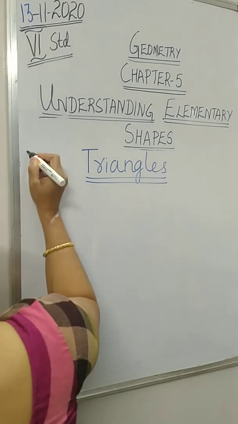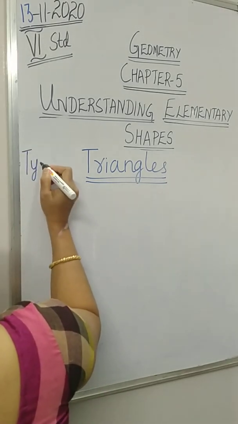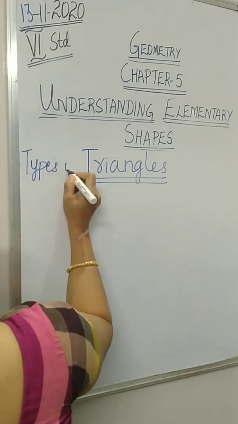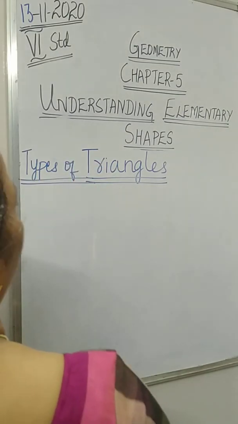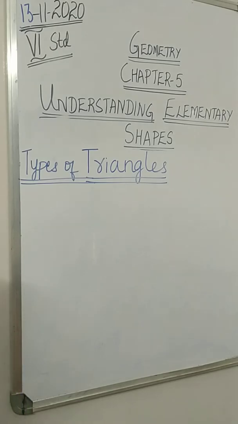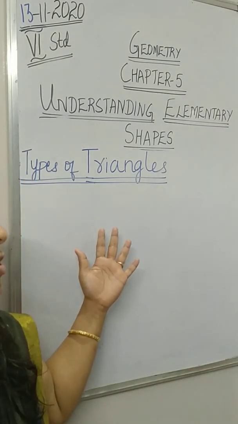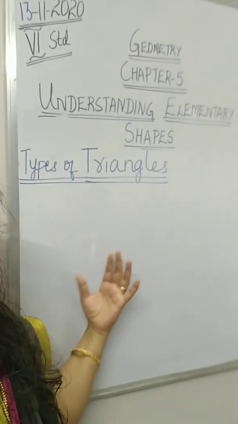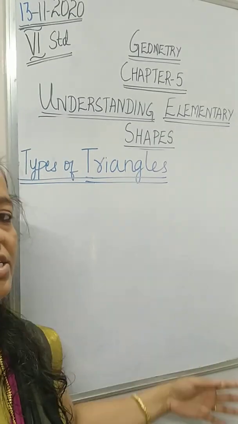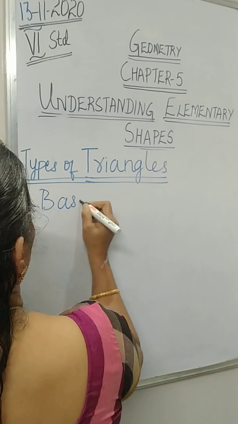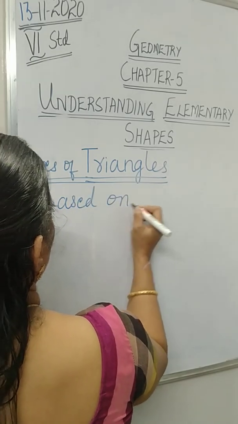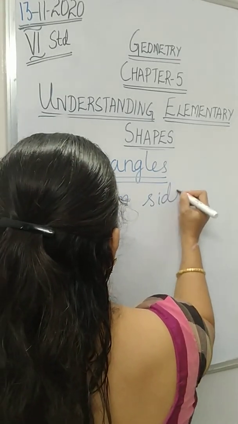Triangles are classified into different types based on their sides and also based on their angles. First, let us see how it is classified based on sides.